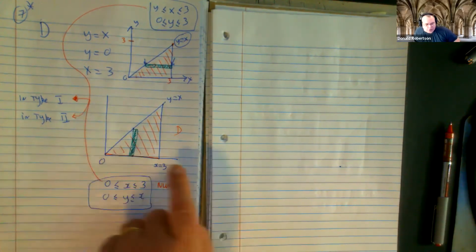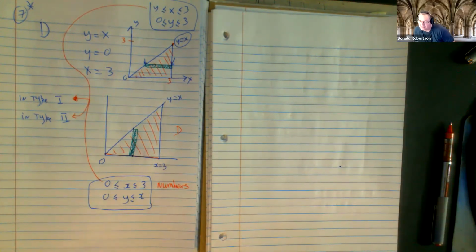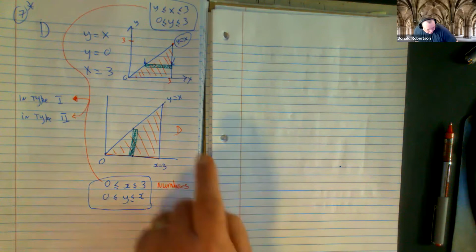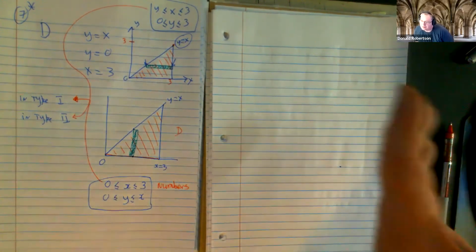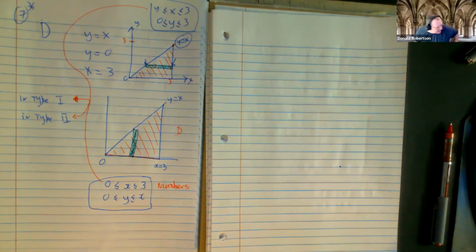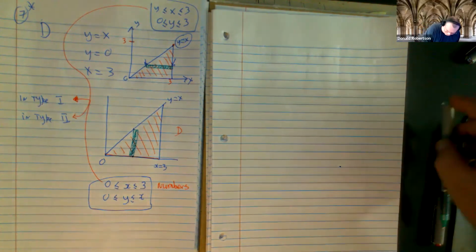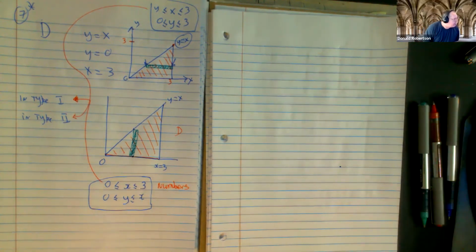It depends on what function you're integrating. Can you imagine a function that's really ugly in the X's, but really nice in the Y's? It's quite easy to integrate with X's and really horrible if you try to do it with the Y's. So in that case, wouldn't you want to do a type 1 or a type 2, depending on the situation? So there can sometimes be a benefit to being able to do that.